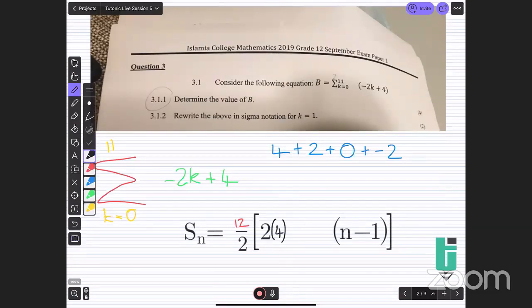And n is obviously 12. So 6 times minus 2 times 22, minus 14 times 6, minus 84. Yes, 84.